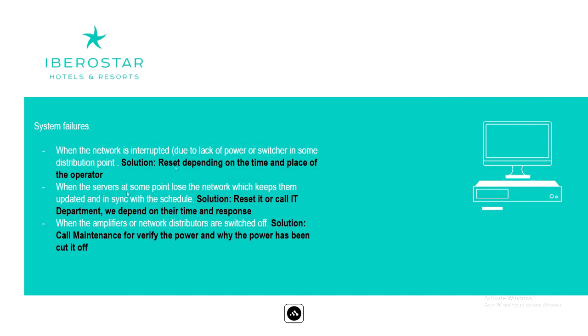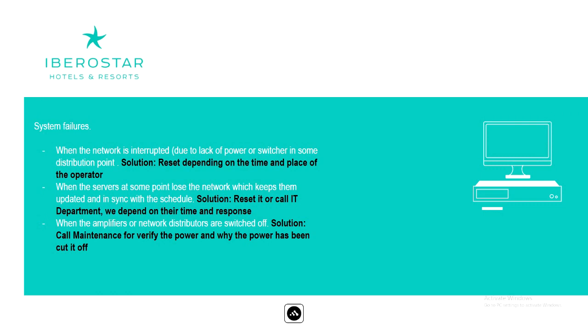In this case, somebody may have tripped a breaker because of an overload or a power outage, and we realize that where the amplifiers and the modems are installed, they don't have power. We need to call maintenance to verify and check why the breaker tripped, or who is turning off the switch, because it's not safe.